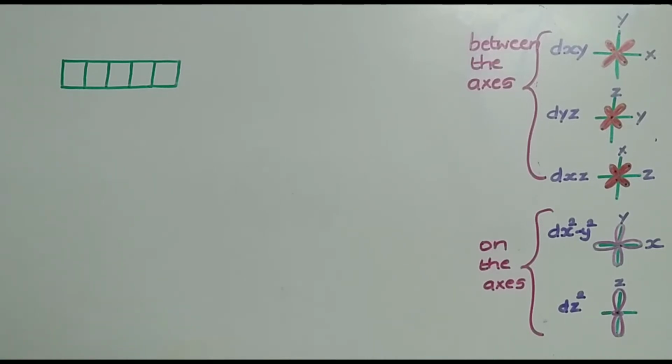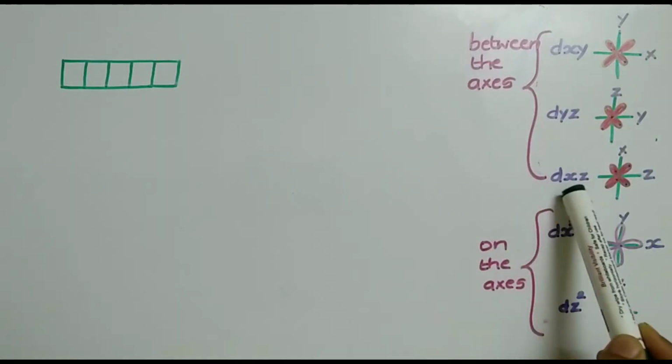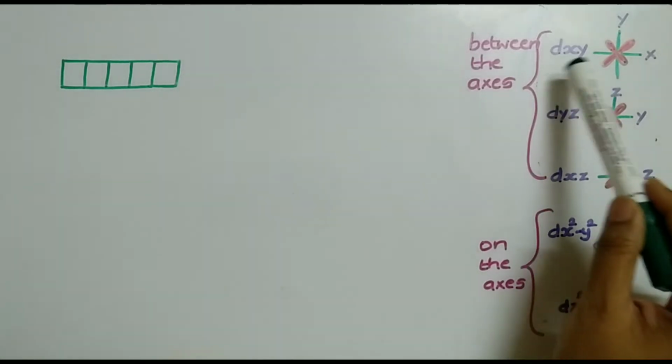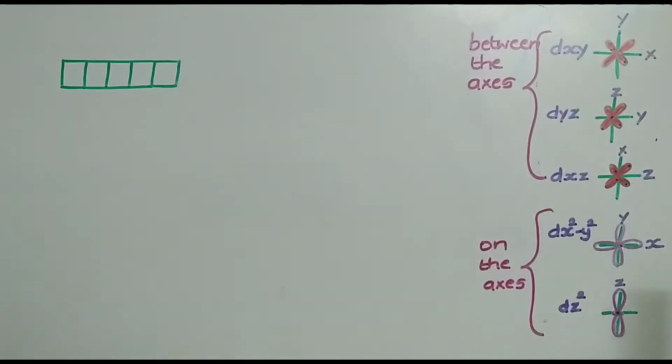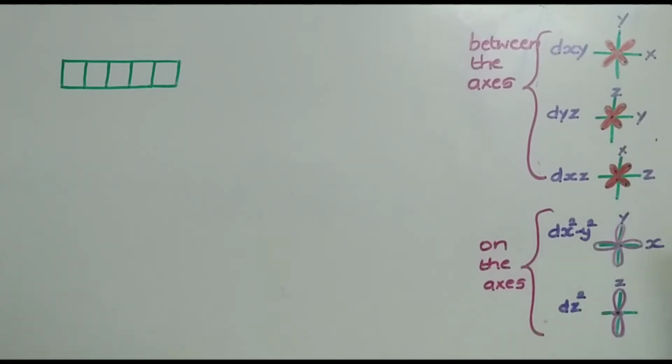So, there are 5 d orbitals, right? You can see here they are dxy, dyz, dxz, dx square minus y square and dz square. Out of these 5 d orbitals, dxy, dyz and dxz, the lobes lie between the axes, correct.